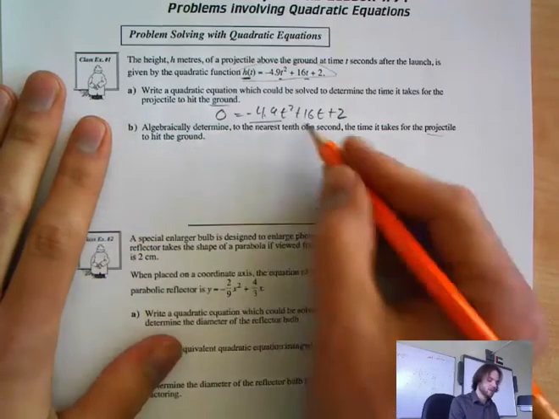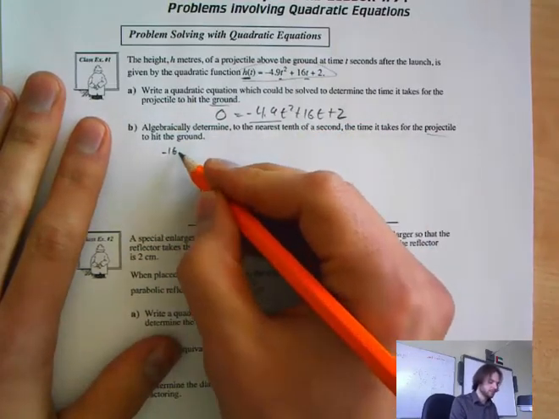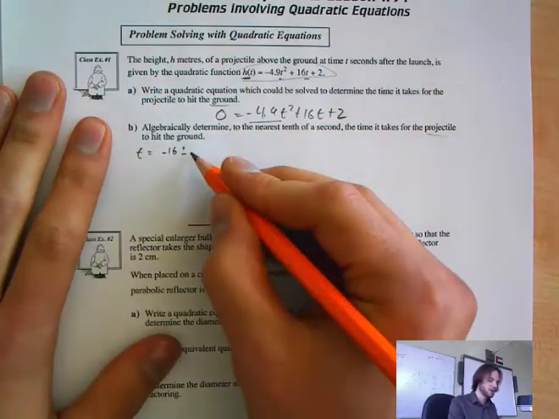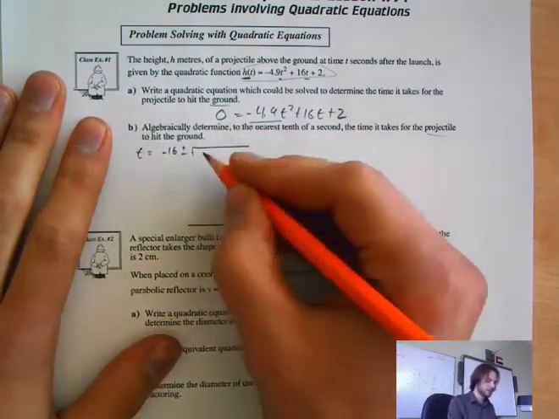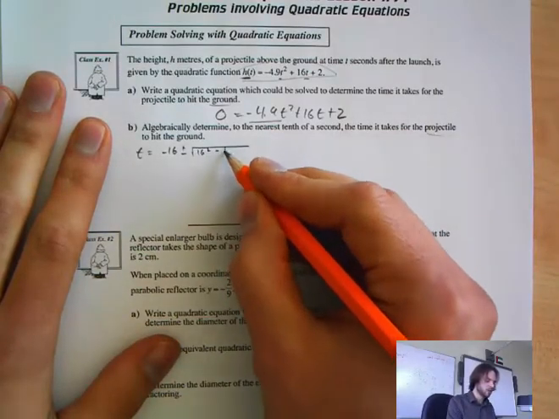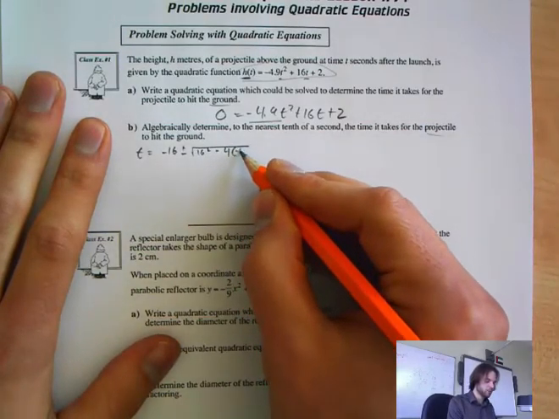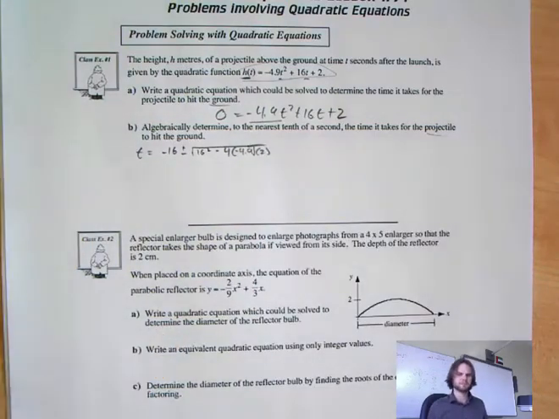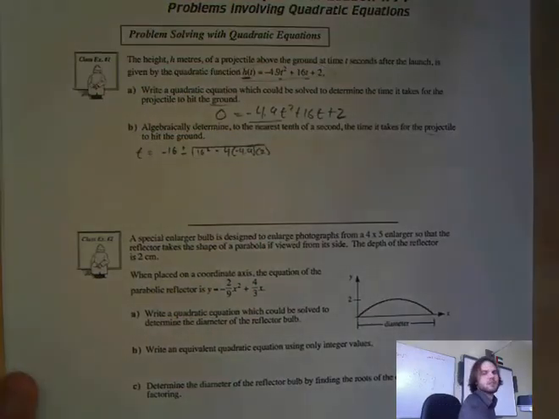So I'm going to say t is equal to negative 16 plus or minus the square root of 16 squared minus 4 multiplied by negative 4.9 multiplied by 2. Okay? Just going to zoom in so you can see that a little bit.